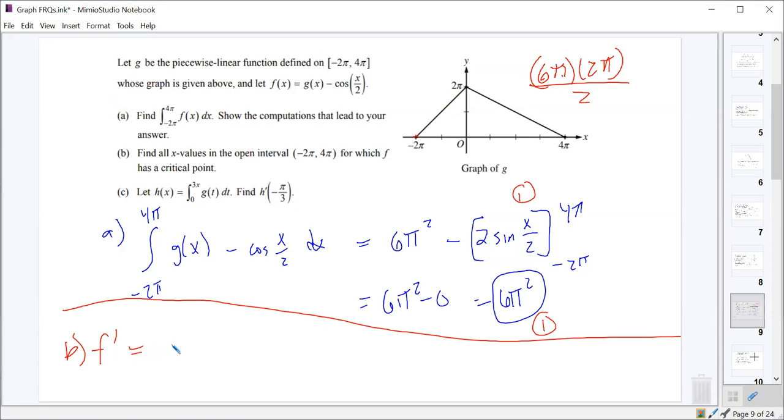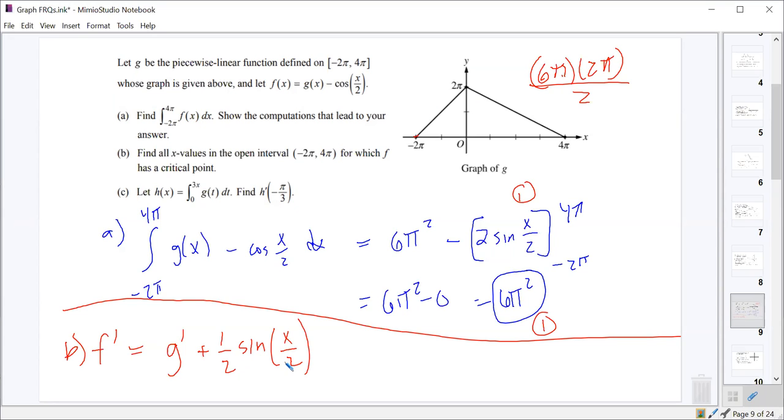F prime is g prime, and then the derivative of cosine of x over 2 ought to be plus 1/2 sine of x over 2. So we are interested in when this is undefined and when this is equal to 0.